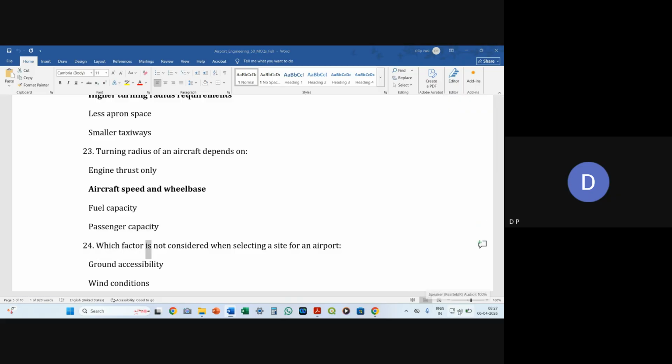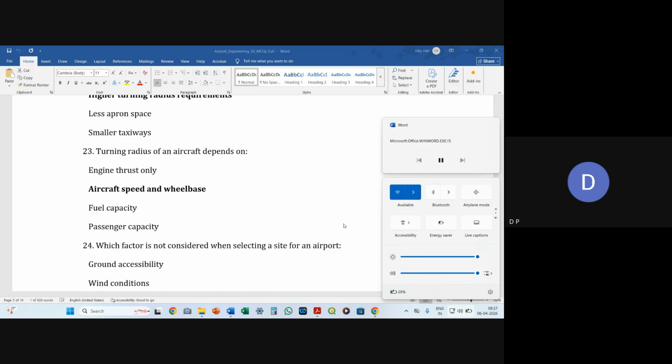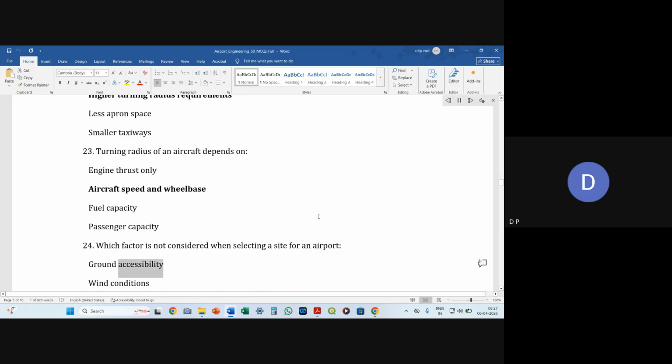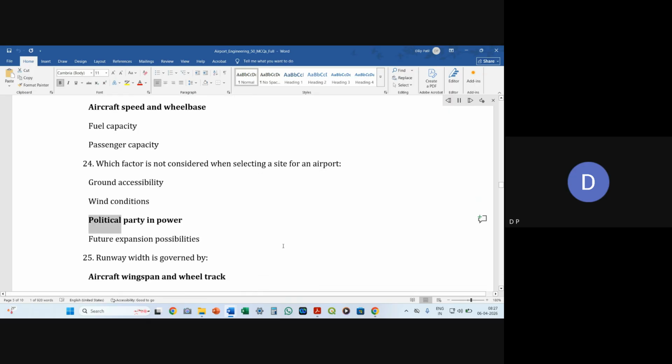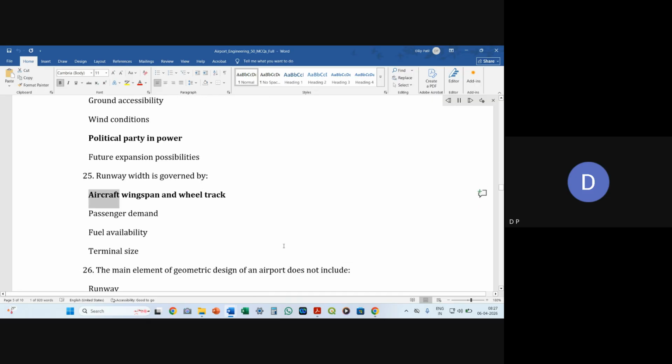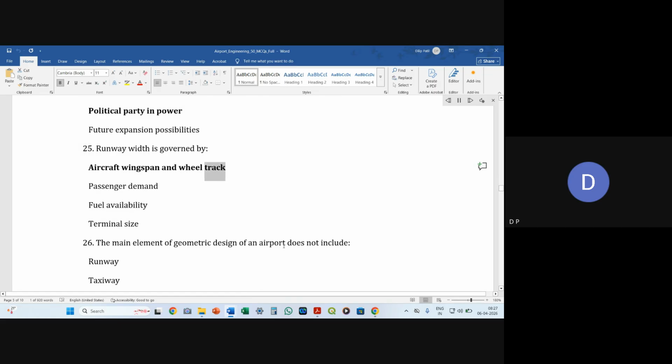24. Which factor is not considered when selecting a site for an airport? Ground accessibility, wind conditions, political party in power, future expansion possibilities. 25. Runway width is governed by aircraft wingspan and wheel track, passenger demand, fuel availability, terminal size. 26.